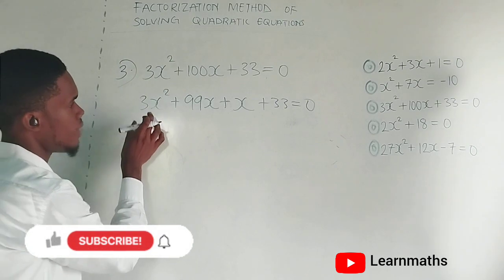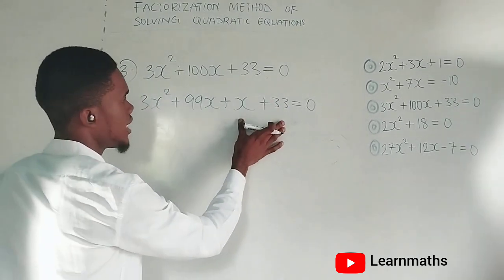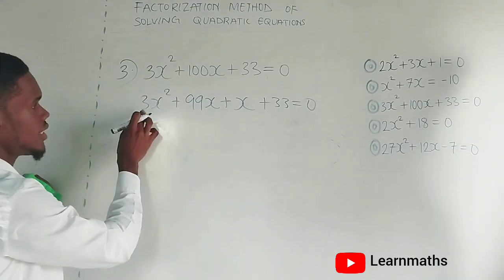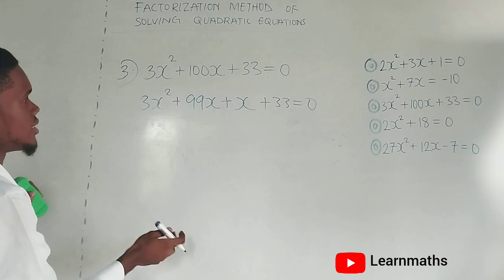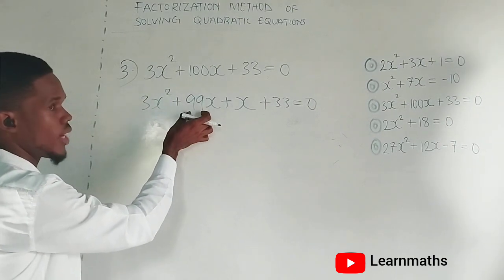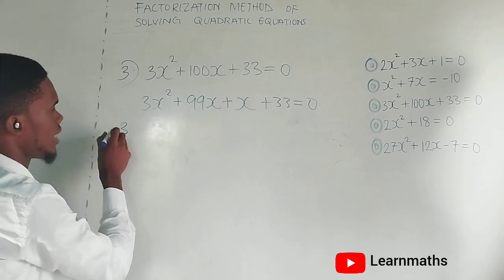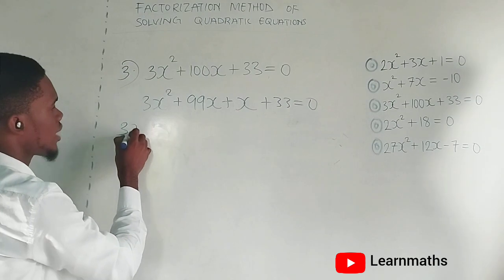Now I have 4 terms, 1, 2, 3, 4. I factorize the first two terms and I factorize the other terms. Now let's see 3x squared plus 99x. What can be factorized? This is 3 and this is 99. In 99, I think we can factorize 3, right? So I'm factoring out 3. This is x, this is also x, so I can also factor out x.